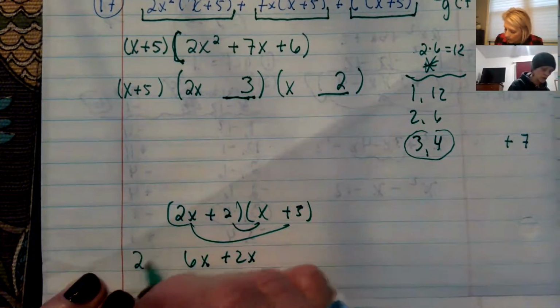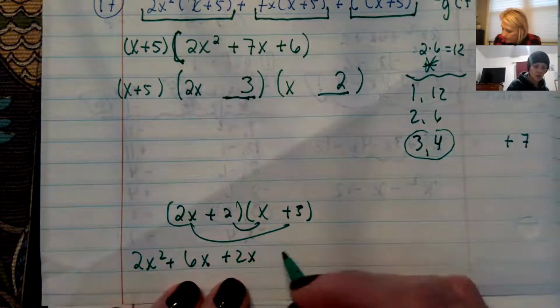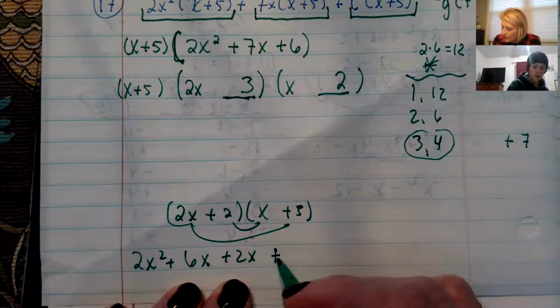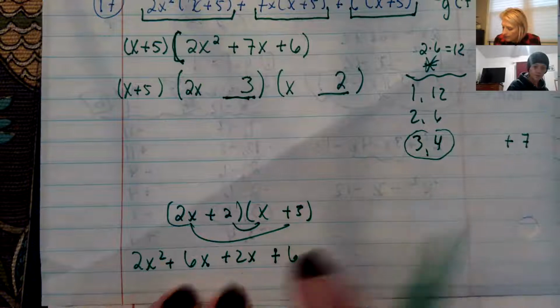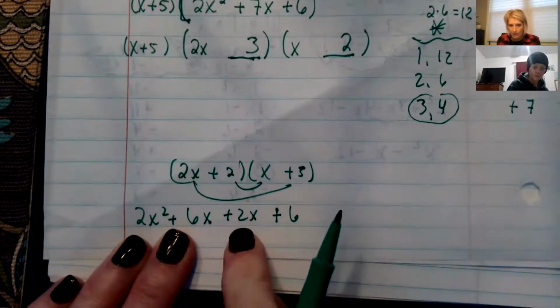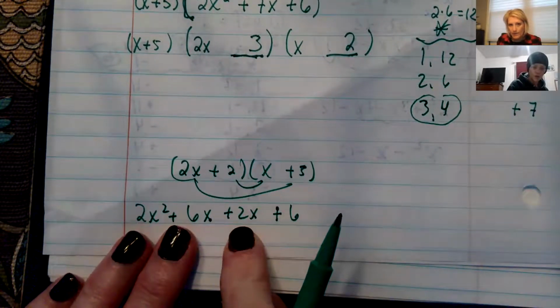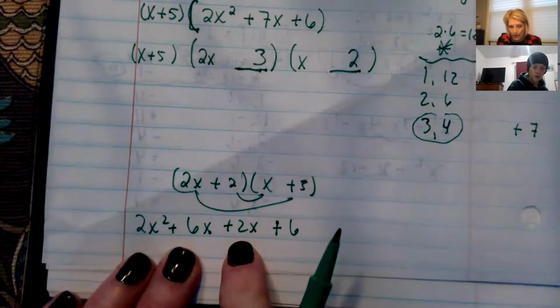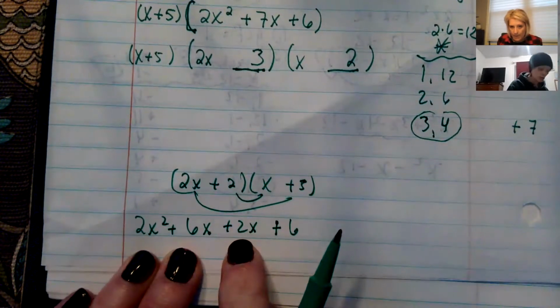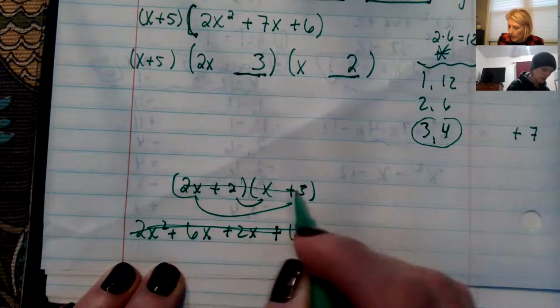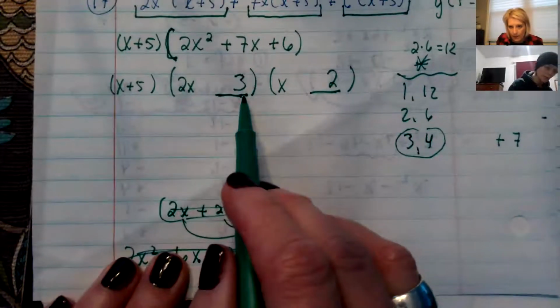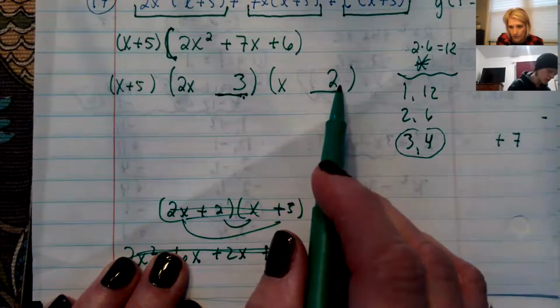I would still have the 2x squared out in front, and I'd still have this 6 here, but I'd have 8x in the middle. And we don't want that. We want the 7x. So that's why we have to put the 3 here and the 2 here.